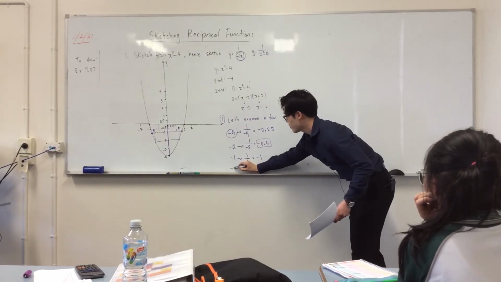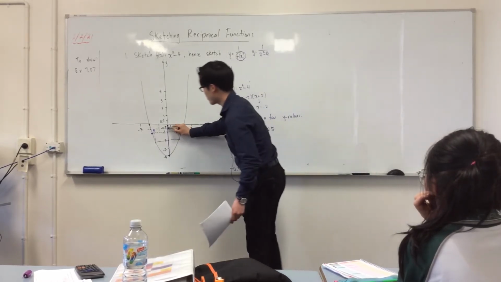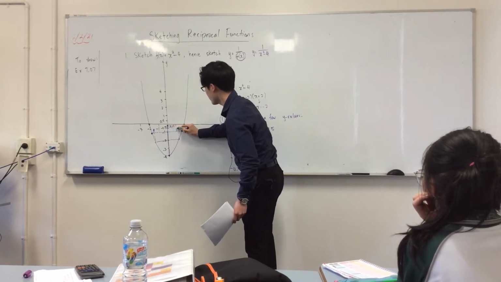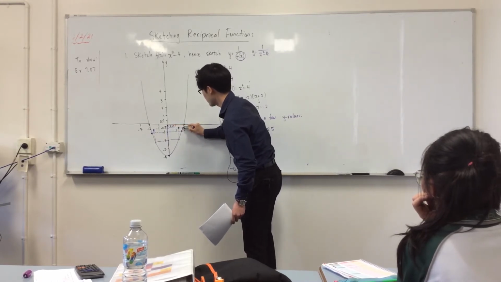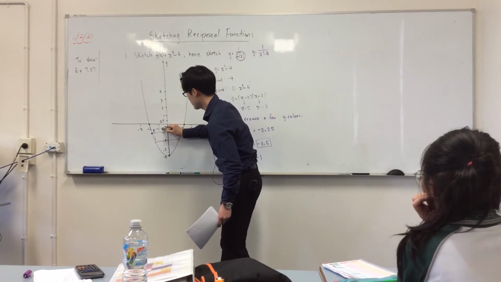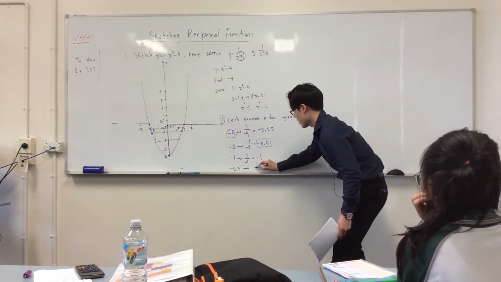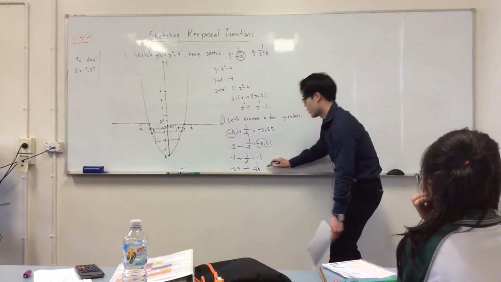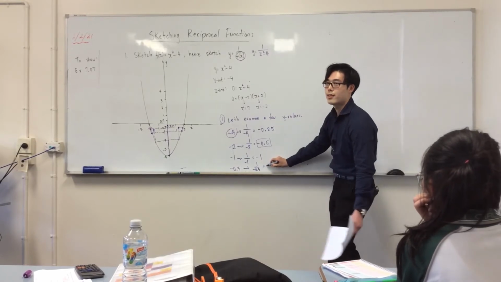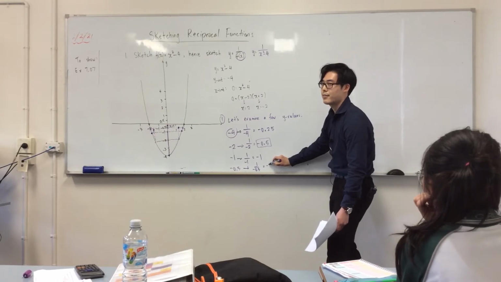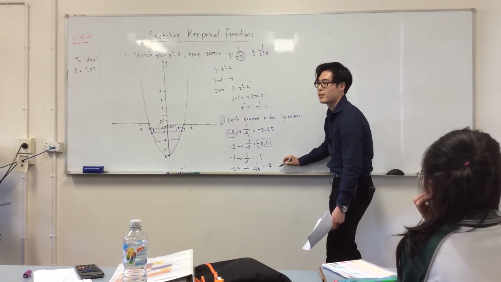Let's check another point. Let's have a look at minus 0.5. So at that point there, we want to examine where the new point goes if I put it under 1. So if I put that under 1, what's 1 over minus 0.5? 1 divided by half? Minus 2. Yep.